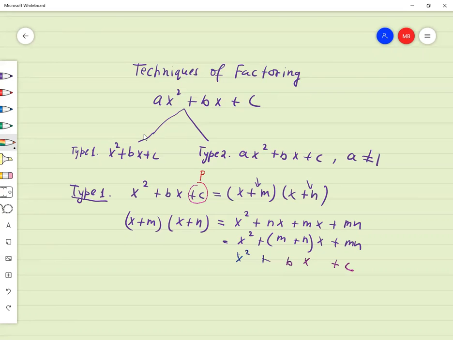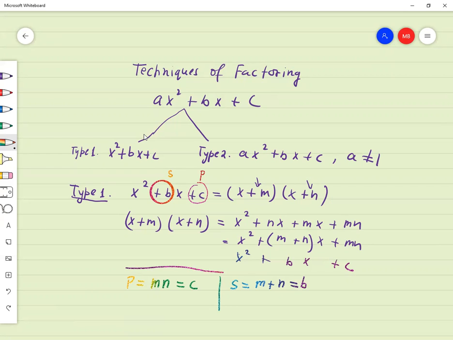And their sum, m plus n, must be equal to the coefficient of x. That means we are looking for two numbers such that the product m times n must be equal to c, and the sum of m and n must be equal to the coefficient of x, which is b.